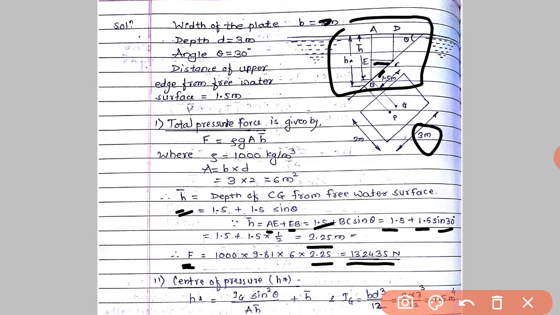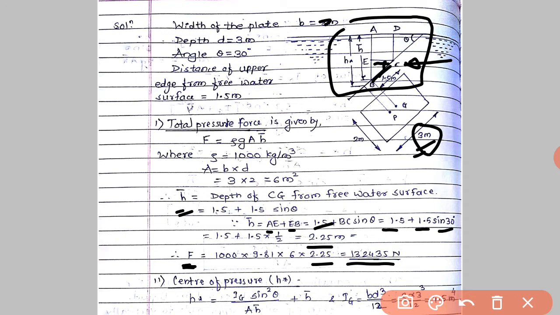So here the value is 1.5. Then the value of EB: sin theta is equal to EB upon BC. So EB is equal to BC sin theta, but the value of BC will be half of the 3 meter. So we will get 1.5 sin 30. So the value of h bar will be 2.25 meter, and we will get total pressure force by substituting all the values in this equation.